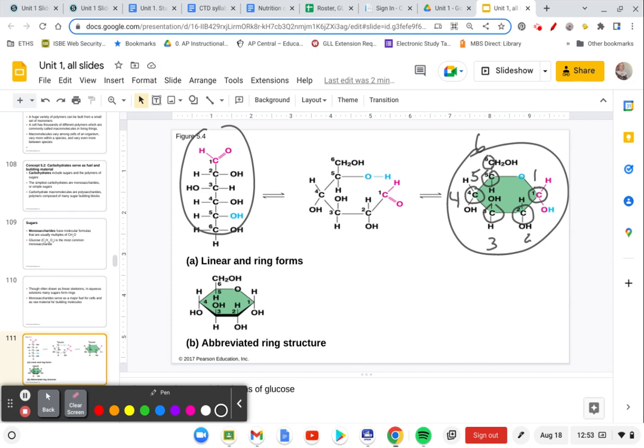Typically, that much detail is not shown on a molecule. Instead, here they are just showing the 1, 2, 3, 4, 5, and 6. So they're only showing those numbers. Now, even less detail than that, sometimes they won't have any of that detail.